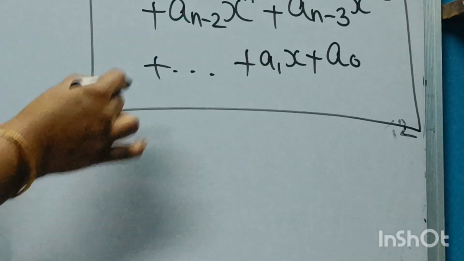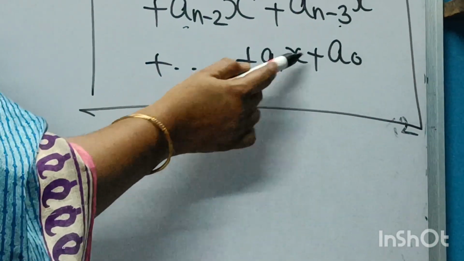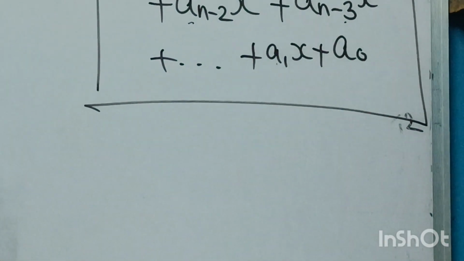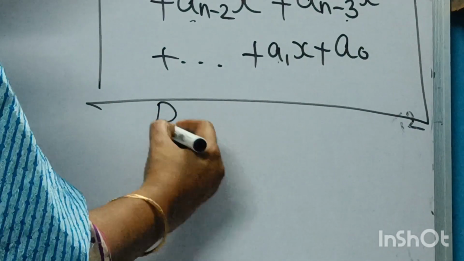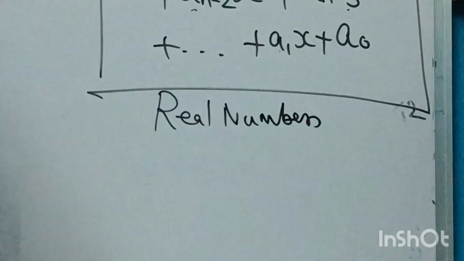And here a_(n-1), a_(n-2), a_(n-3), a_1, a_0 are called real numbers.